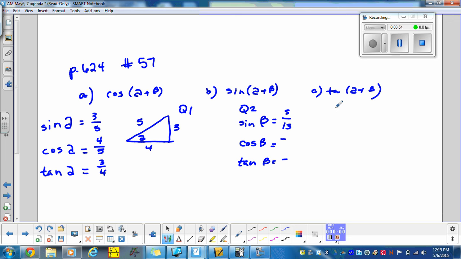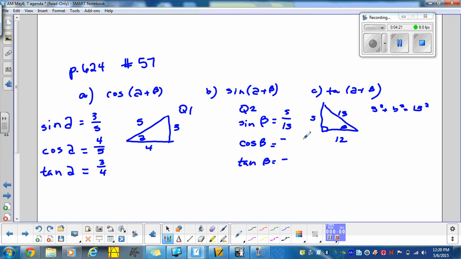So let's go ahead and draw our triangle. Remember, they said this was in quadrant 2, so this is going to be my triangle for this one, with this being my right angle. And so this is beta, and so this will be 5/13. So using the same idea, 5 squared plus b squared equals 13 squared, I'm going to find that this is 12.